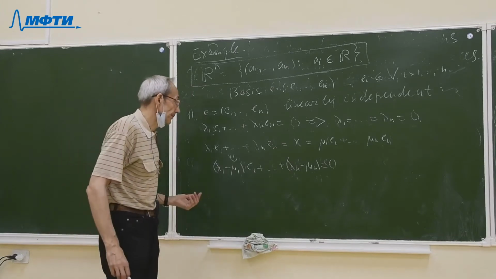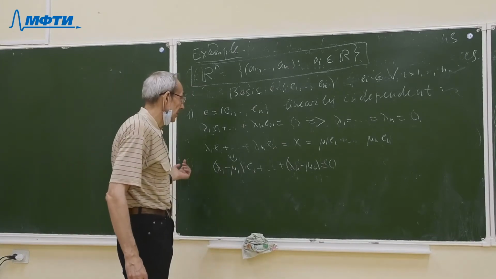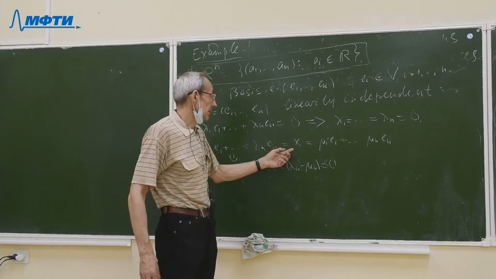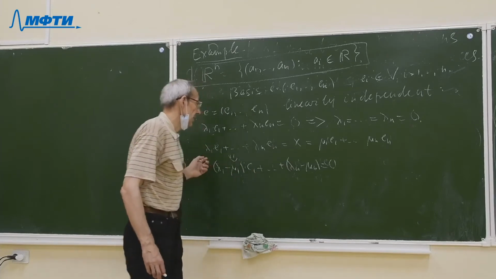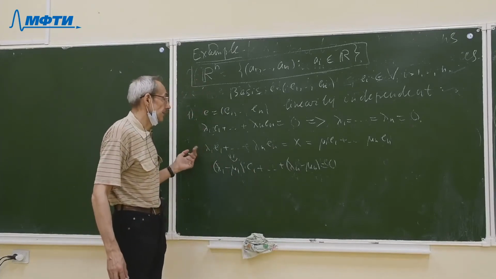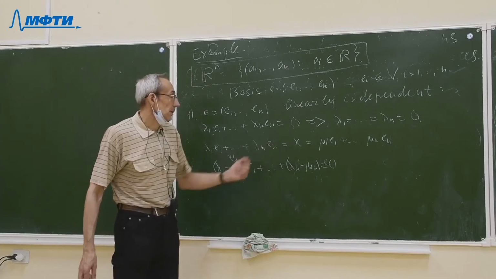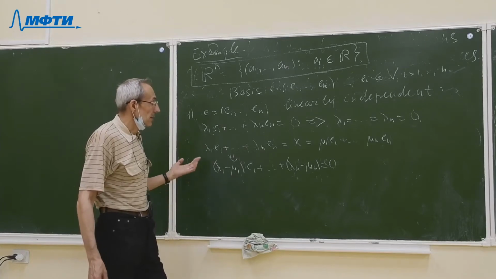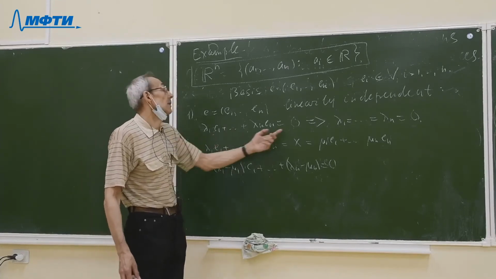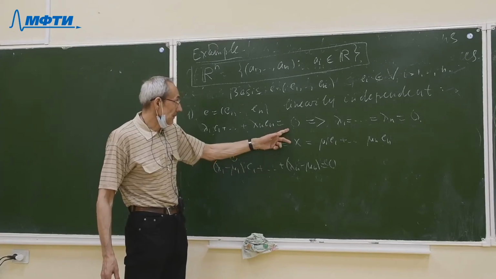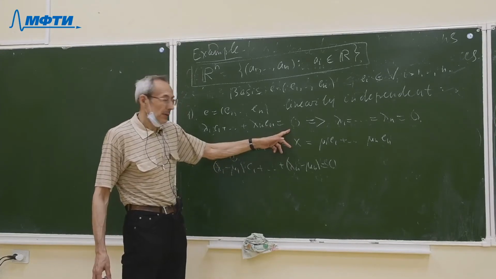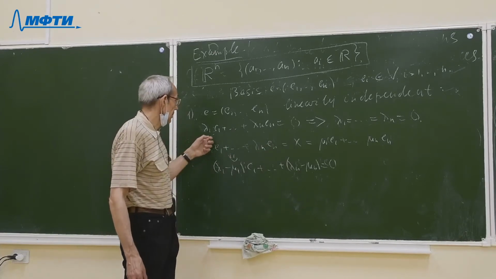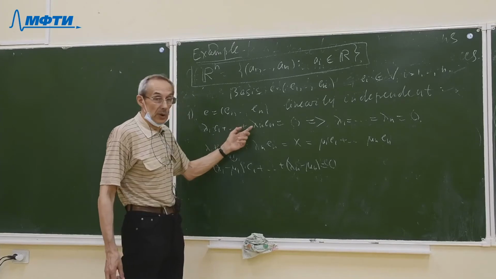And if we can decompose an arbitrary vector in a unique way, and we can present vectors as a linear combination of the basis vectors in a unique way, from this fact follows that the zero vector also can be presented as a linear combination of the basis vectors in a unique way.